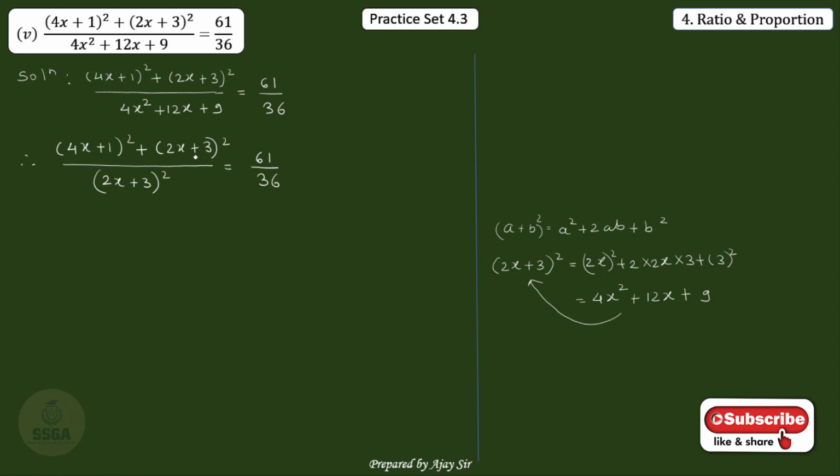Now these two terms, numerator and denominator, are the same, so we can cancel this term by using a property of dividendo.